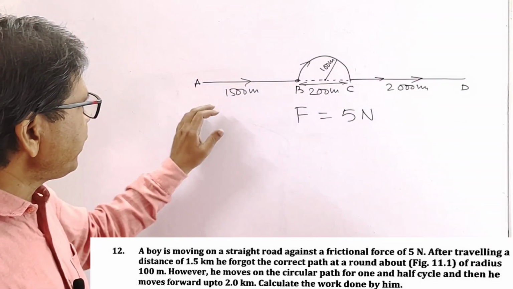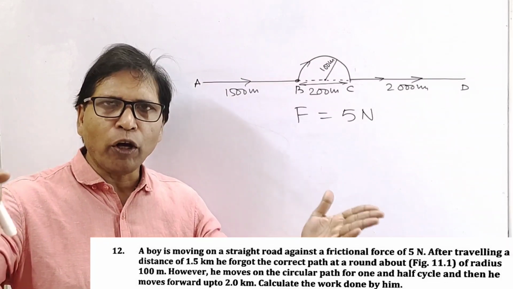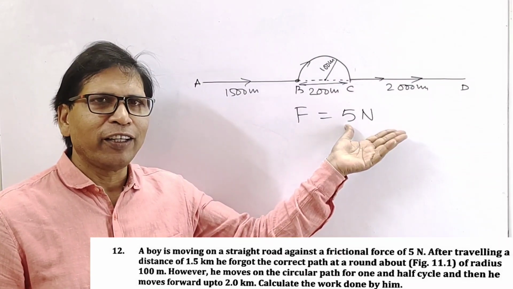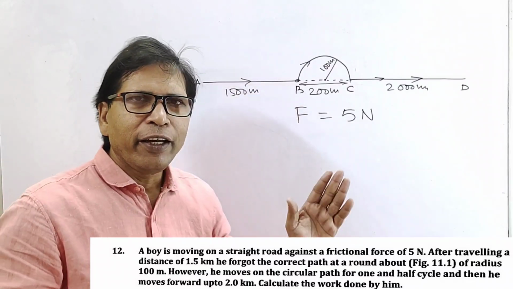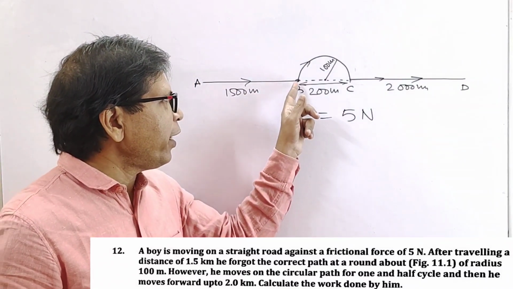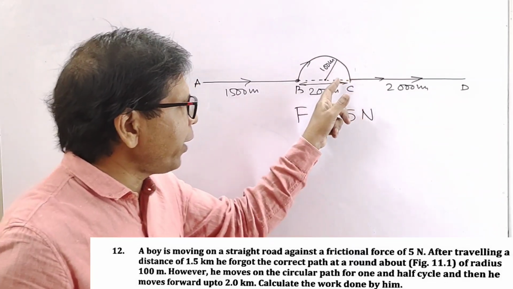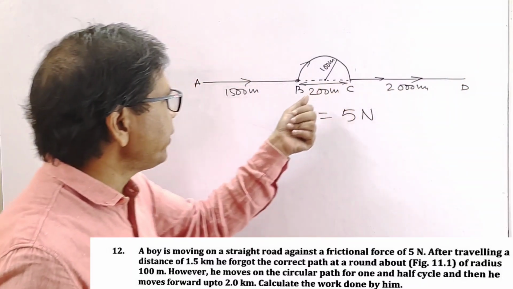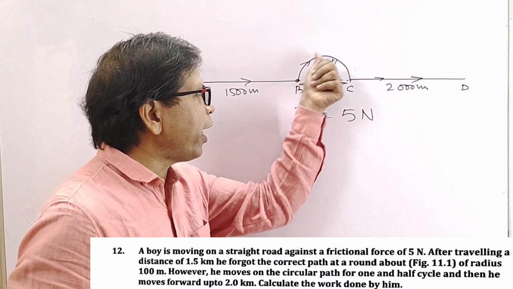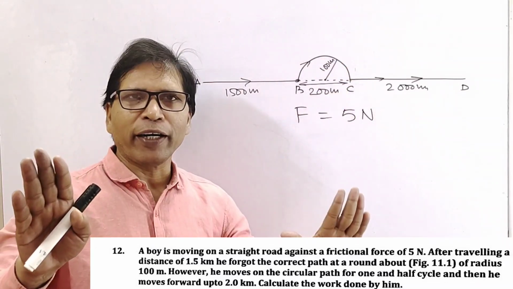Okay. Look at this, a person moves on a level road against a force of friction of 5 Newton. He moves straight 1500 meter to B, then around a half circle along this path, and again moves 2000 meter. Now the radius of this circular section is 100 meter. What will be the work done?